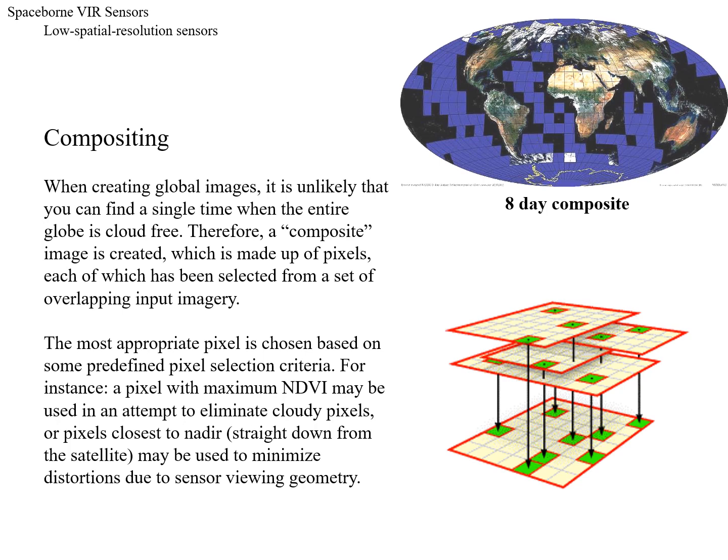And in order to get those products, you're taking multiple images of the same area and stacking them up and asking what the best pixel, what's the clearest pixel that you can find from that stack of pixels. Okay, so you're saying over, say, 8 days, what's the best pixel that I got for a particular area? And the rule that's generally used is to find the pixel that has the maximum NDVI.